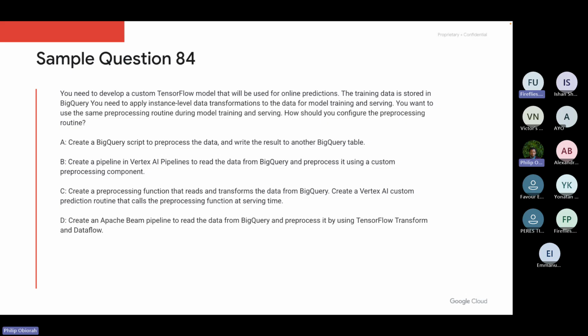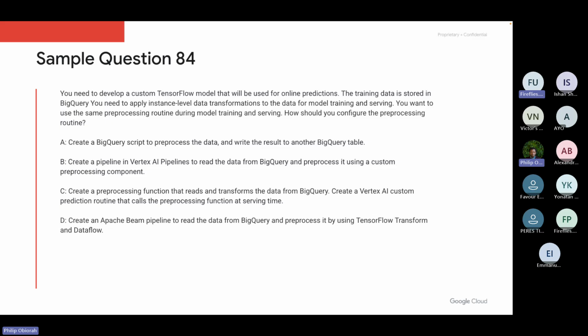Now, option C. Let's look at option C. Option C says write a custom function for serving. Create a Vertex AI custom prediction routine that calls the pre-processing at serving time.